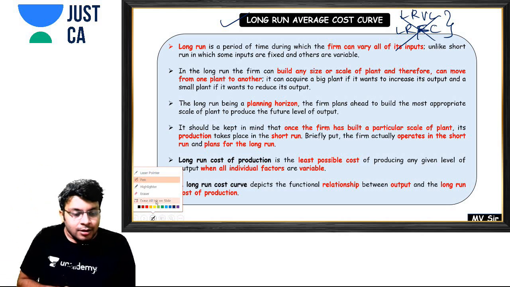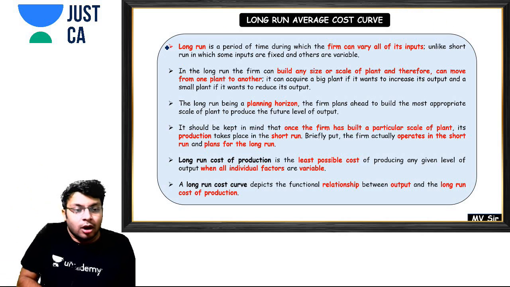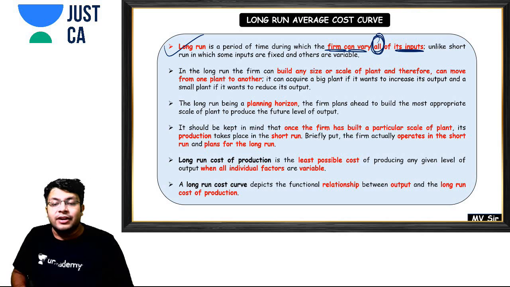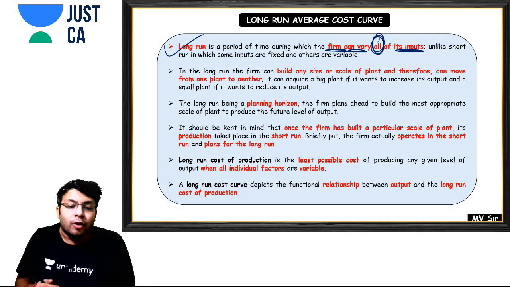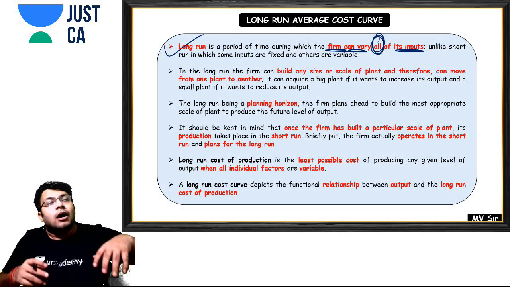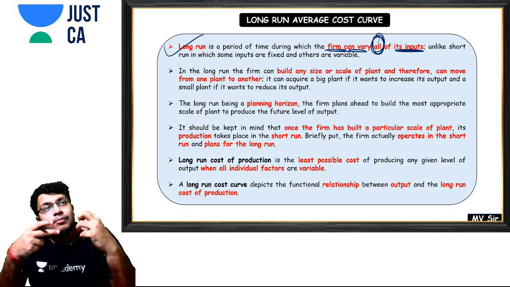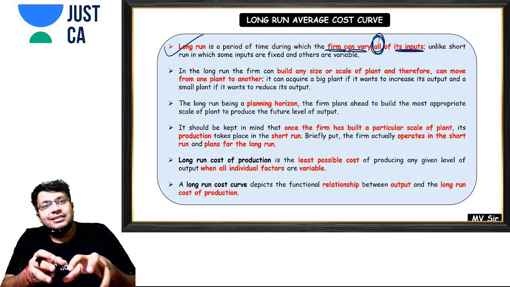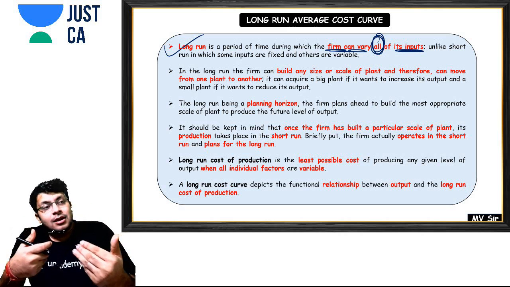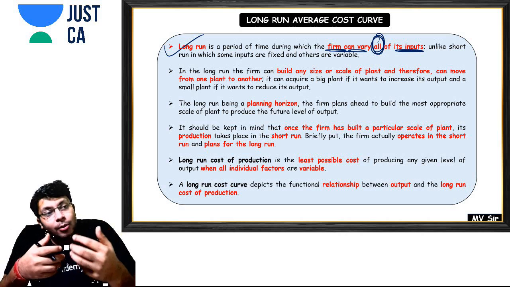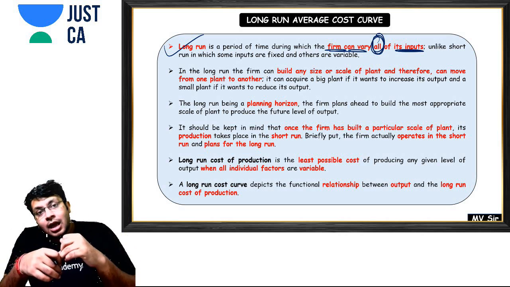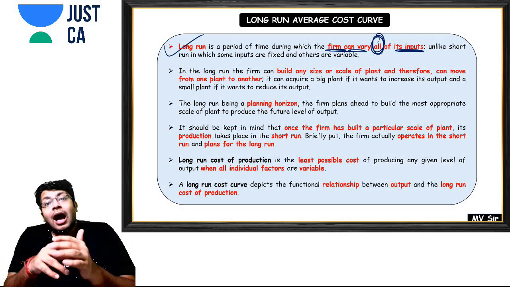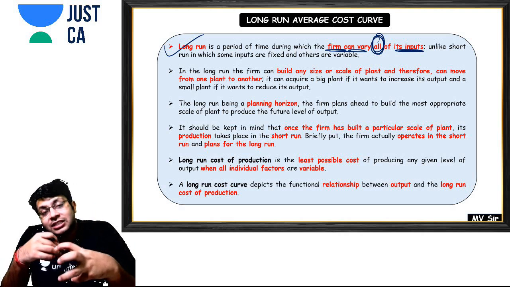Yes. Now see, long run is a period in which a firm can vary all its inputs. Very important point. What a businessman does is plan how much machinery he wants in the long run, how much should be his plant size, how much material he should use, how much labor he should appoint.